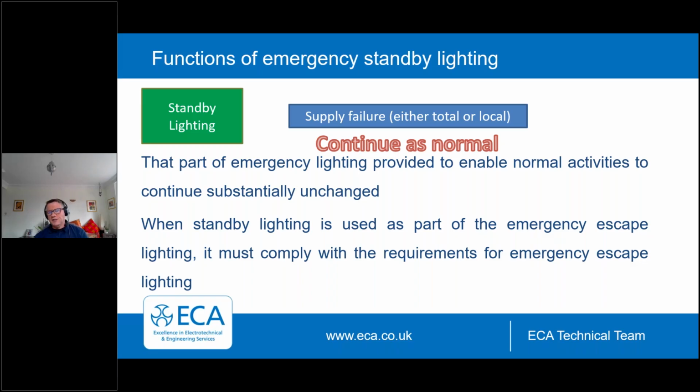And as we'll see later on, illuminance of escape lighting is actually quite low. A normal day-to-day lighting of the premises will probably be higher than that. But anyway, we do need to consider it to make sure it's adequate in these situations. So they are the different types or functions of emergency lighting.